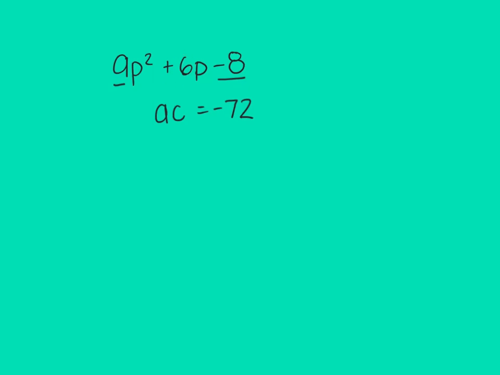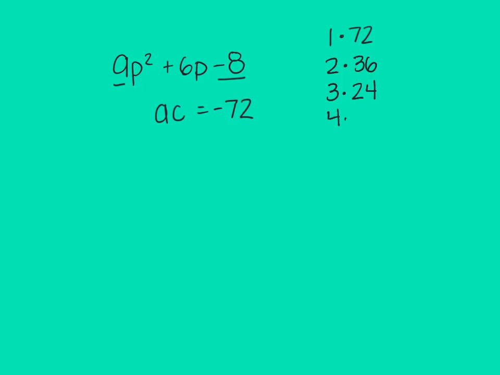So I'm going to start at the beginning, 1 and 72. I'll think later about which one would be positive and which one would be negative to make this be a negative 72. So first though, 1 and 72, when I add those, no way I can make 6. 2 times 36, when I add them, it doesn't make 6. 3 times 24, when I add those, nope, no way I can make 6.